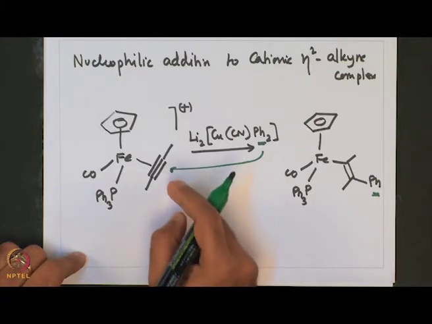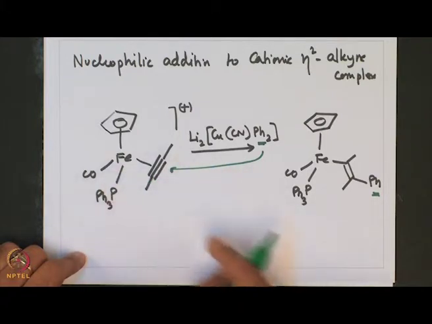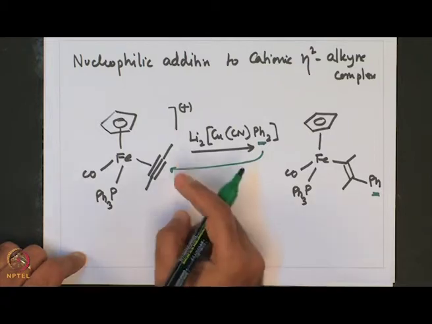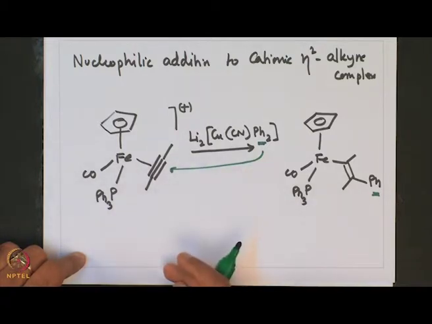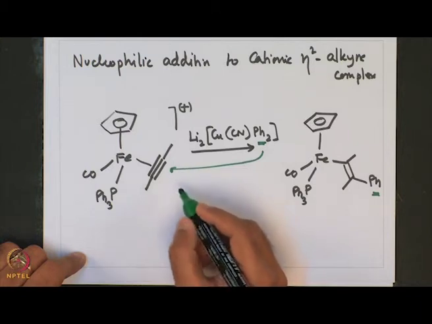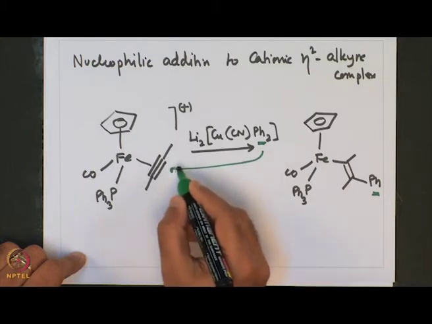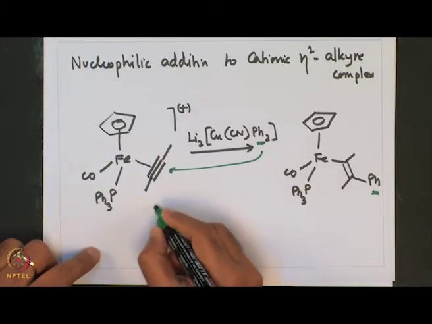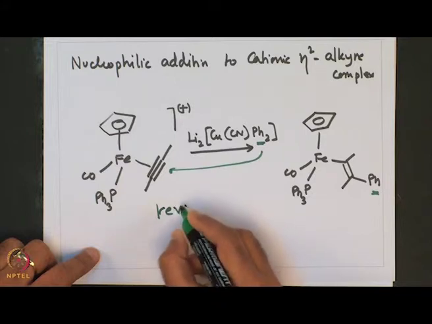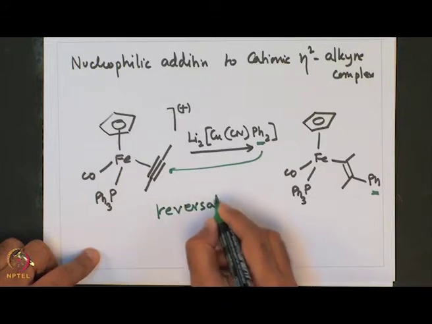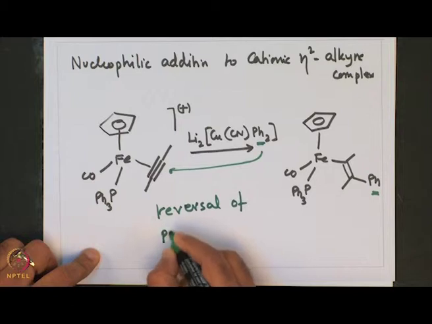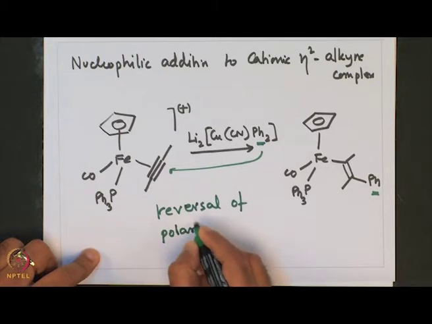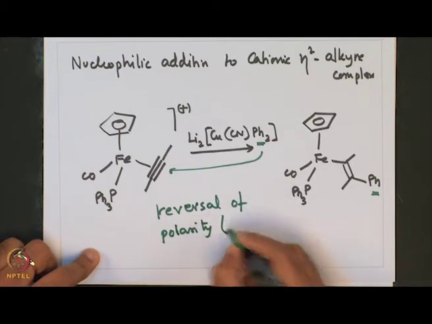However, when an alkene or alkyne gets coordinated to the metal center, in the coordinated state it becomes amenable to nucleophilic attack, and such is called the Umpolung nature, or reversal of polarity, of the alkyne or alkene, or it is called an Umpolung reaction.